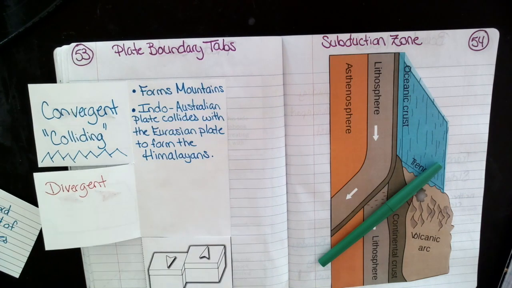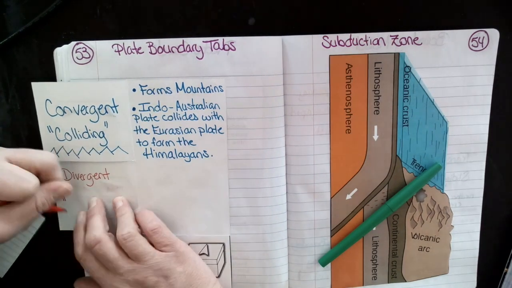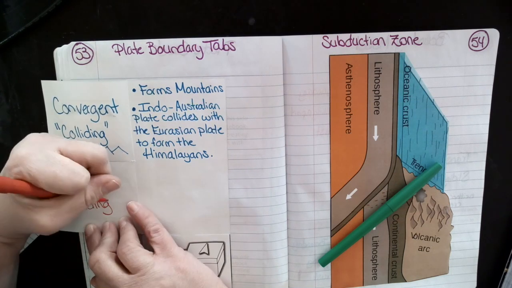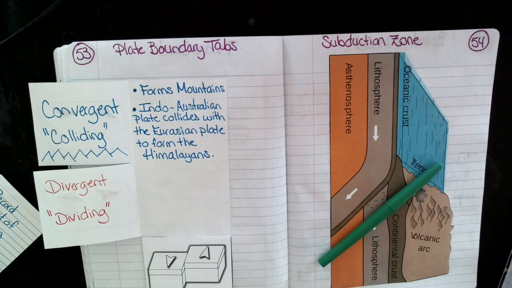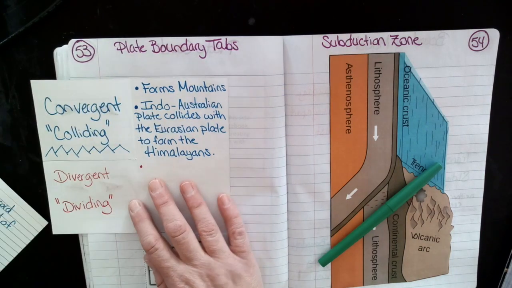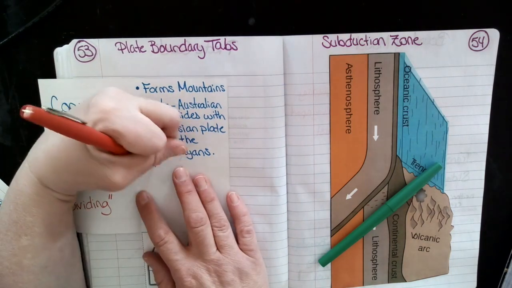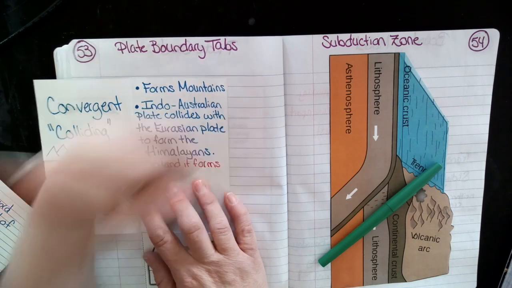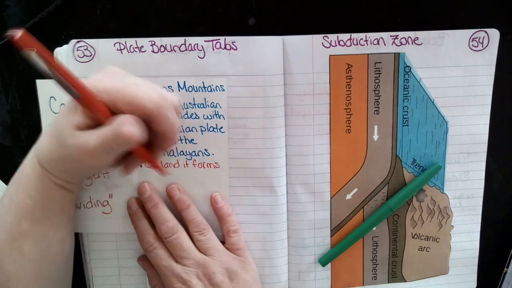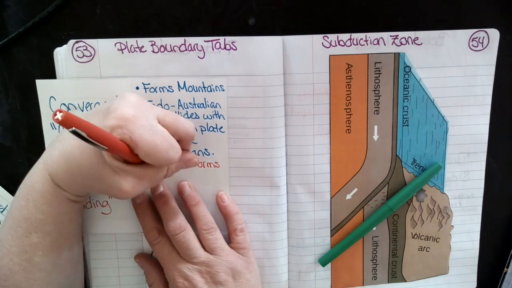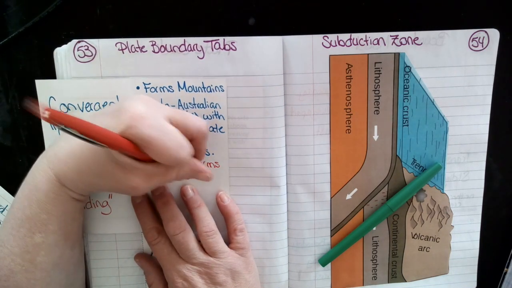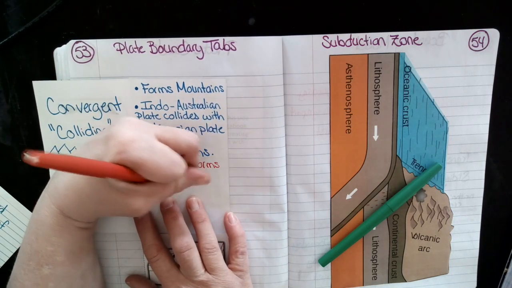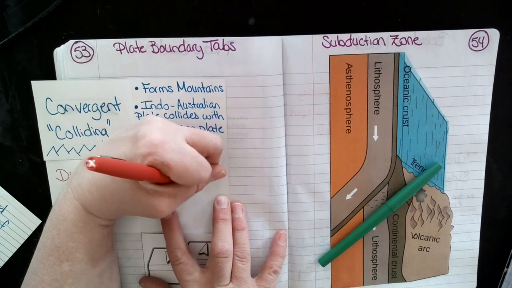Okay, divergent. Divergent means dividing. So when we have dividing on land, and you might have to write a little bit smaller for this one, guys, on land, it forms rift valleys. Specifically, the Great Rift Valley. I always think of, if you've seen Land Before Time, the first one, they were going to the Great Valley.